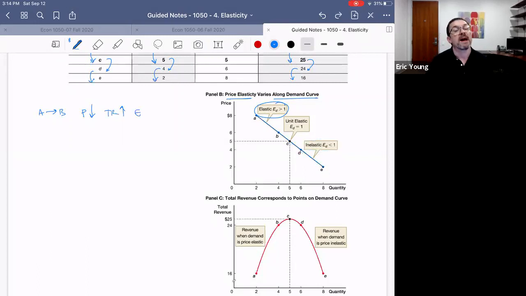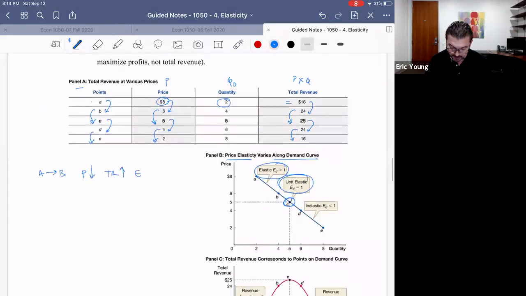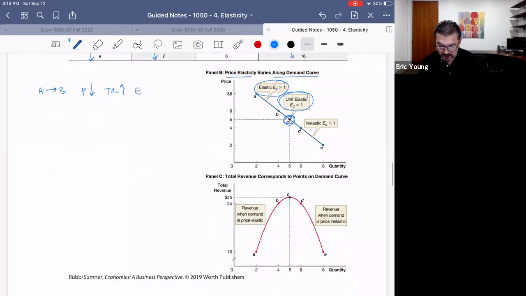And you will note that mathematically, the break point between the elastic region and the inelastic region occurs at the point where the demand curve is unit elastic. If you knew a little bit about marginal and some of the first derivative functions in business calculus, you would see that total revenue is maximized at point C, which is the unit elastic point.